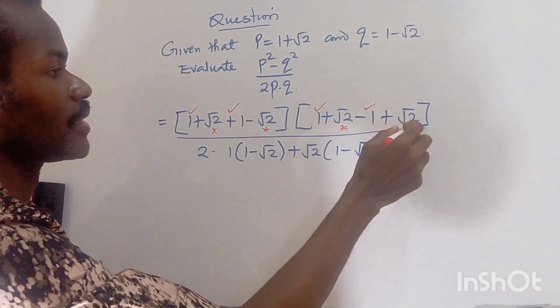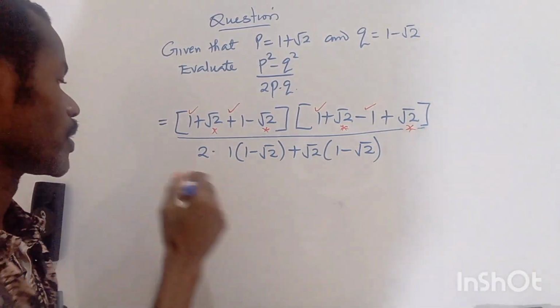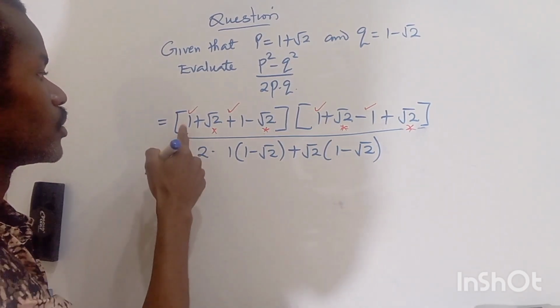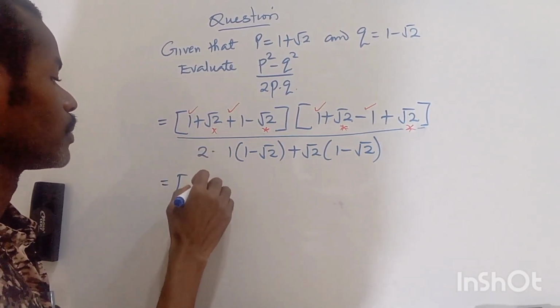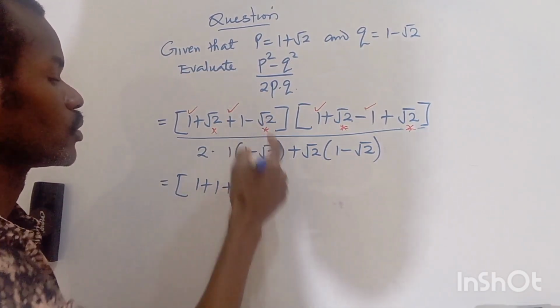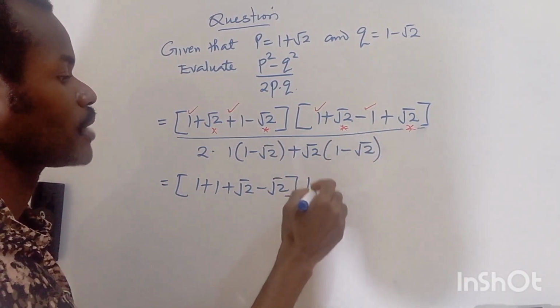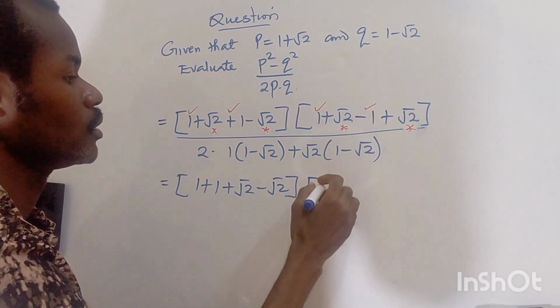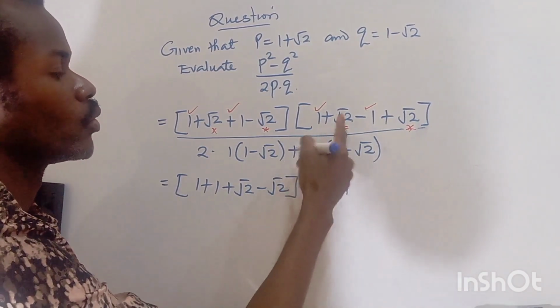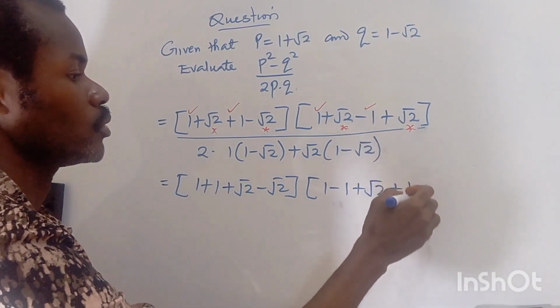So let's regroup them. This is 1 plus 1, plus root 2 minus root 2 in brackets. Now for this bracket, we have 1 minus 1, plus root 2 plus root 2.